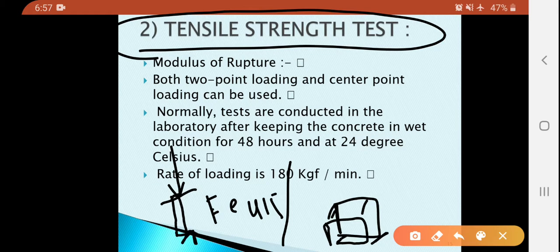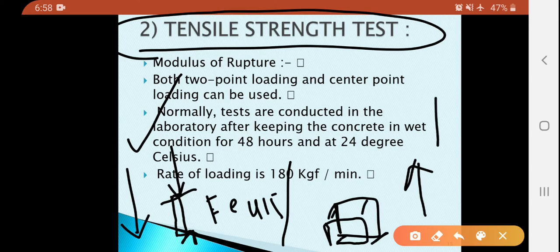Compared to the concrete, the compressive strength value will be lesser. But when we conduct the compression test on concrete, we can easily say that its compressive strength value will be more. When it comes to tensile strength, the tensile strength of steel will be more. Here the tensile strength of the concrete will be less.